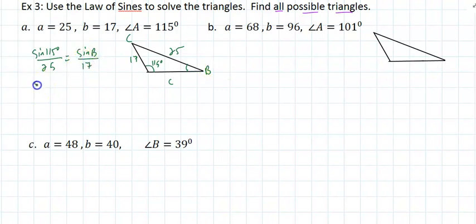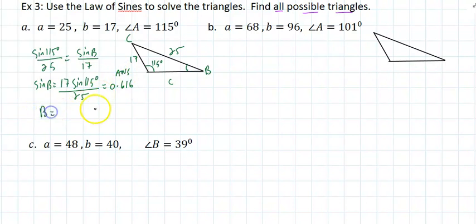So doesn't that mean that the sine of beta equals 17 times the sine of 115 degrees divided by 25, which is 0.616. I'm using answer on my calculator, so it doesn't matter. If you round, that's not a big deal, but be careful.